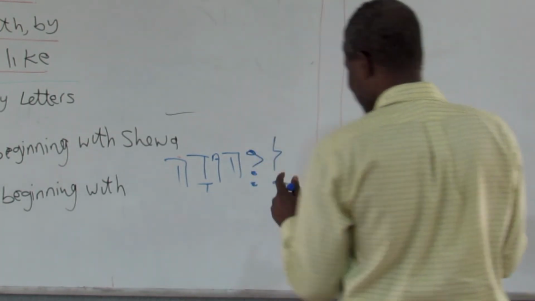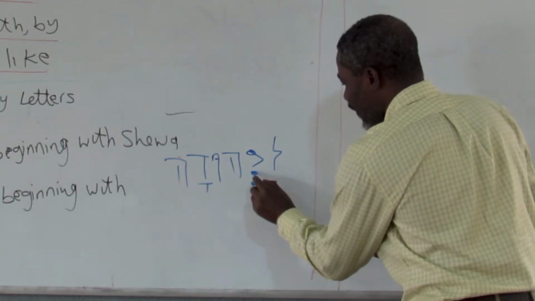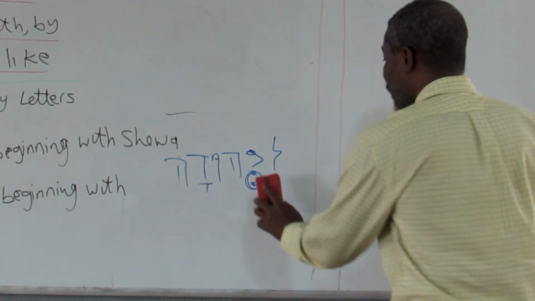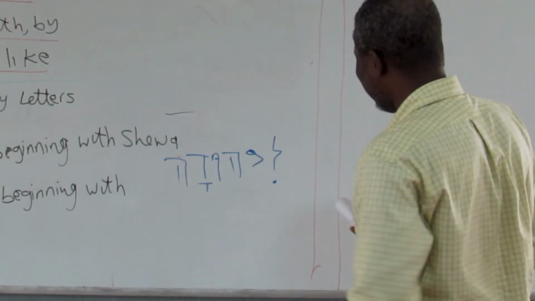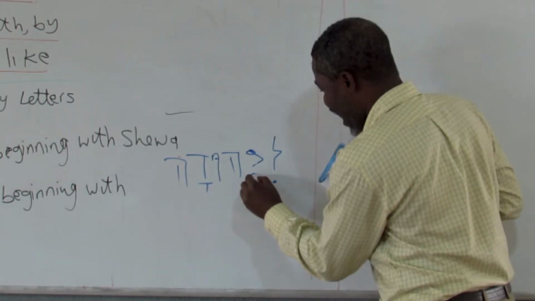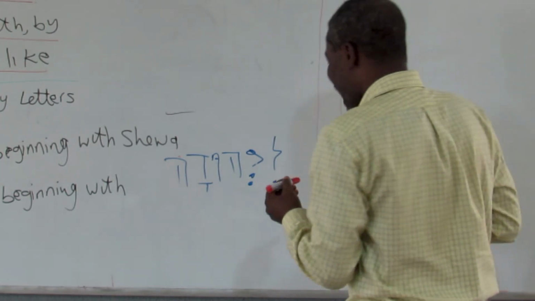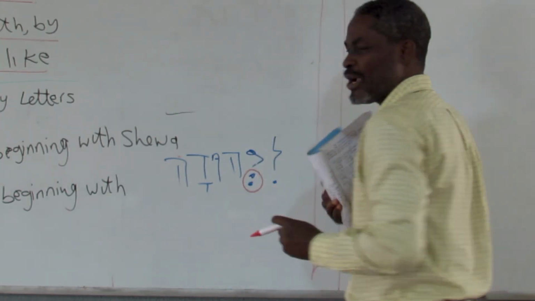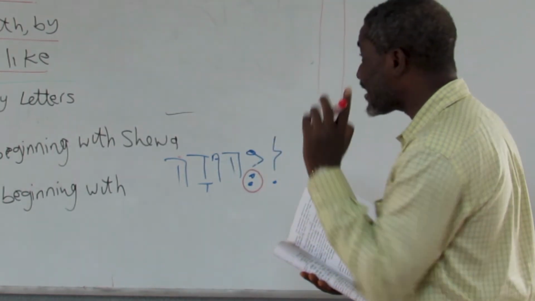So what happens is you have to drop the shewa that is under the yod. Are you getting that? This yod, which had this point in Ye, loses its consonantal character.